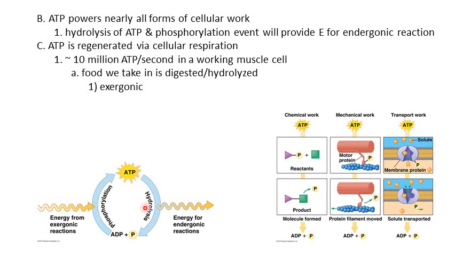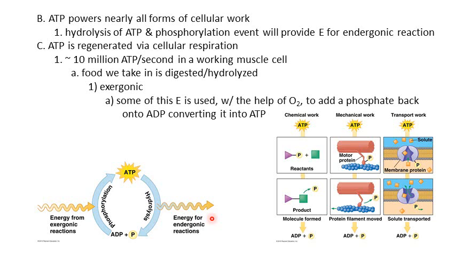So we can hydrolyze it and do work. So some of the energy that's released during exergonic reaction with the help of oxygen can be used to actually add a phosphate back onto ADP, phosphorylating it back to ATP. So to produce ATP, that's endergonic. So we have a coupling, once again, of exergonic and endergonic reactions. They are connected with one another.